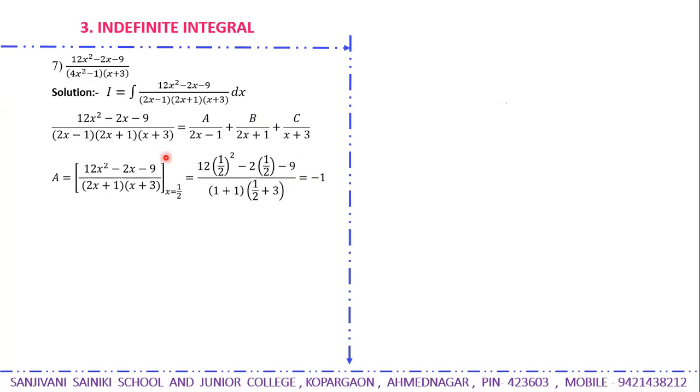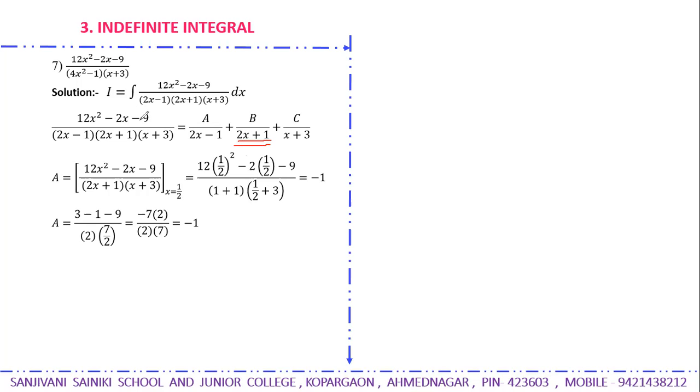Just now I explained. I have used the same method here to find the value of a: when its denominator becomes 0 by putting x is equal to 1 upon 2. So I will put x is equal to 1 upon 2 in the remaining part so that I will obtain the value of a. That's it. Now to find the value of b, it becomes 0 when x is equal to minus 1 upon 2.